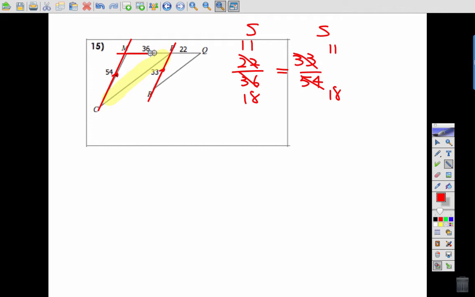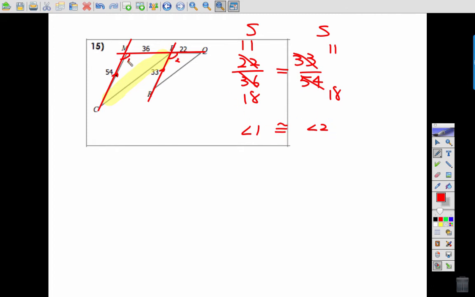And now you can see that this is my transversal. If I do that, I can say these two red angles, angle 1 and angle 2, are corresponding angles. So I can say, because these two lines are parallel, angle 1 and angle 2 being corresponding angles are congruent.